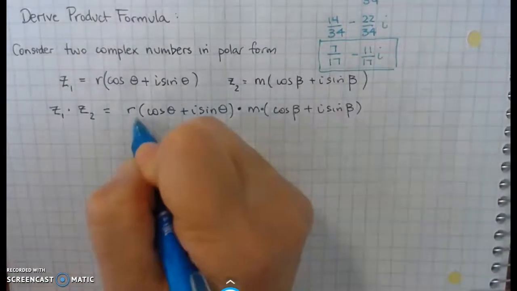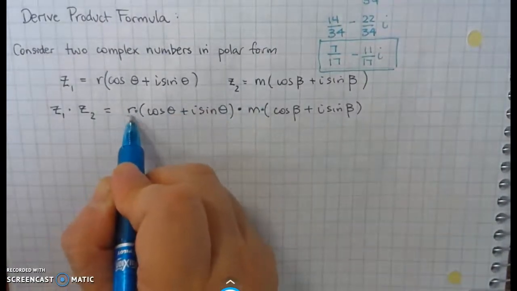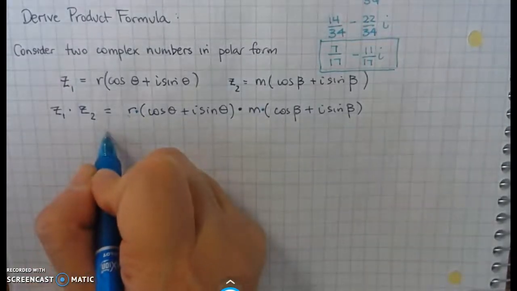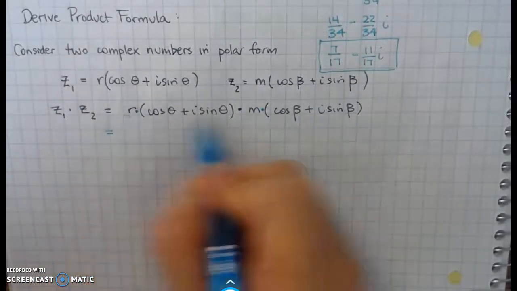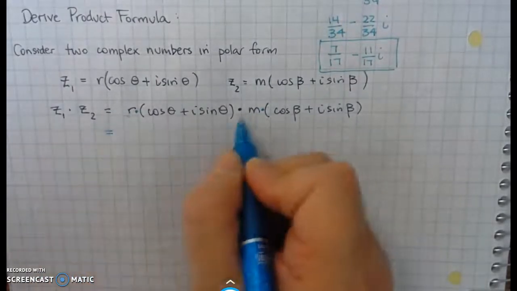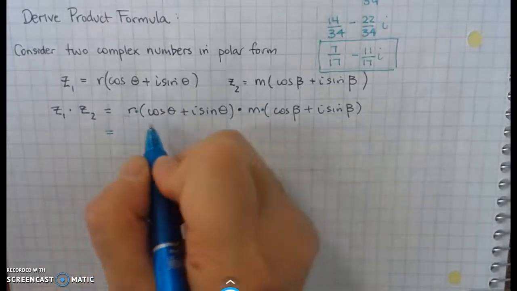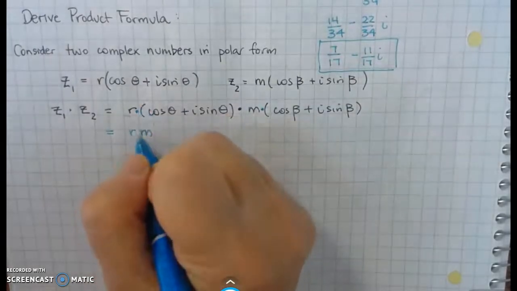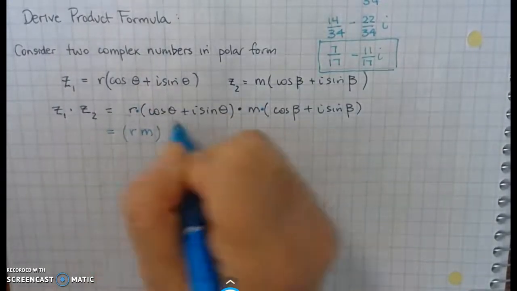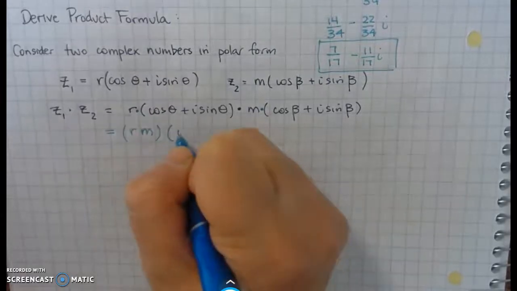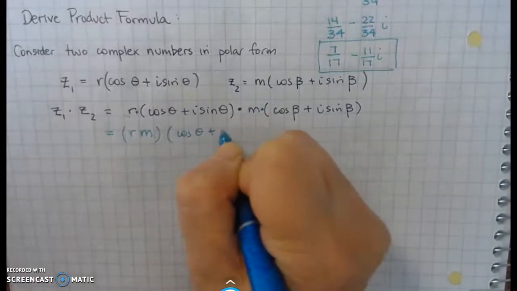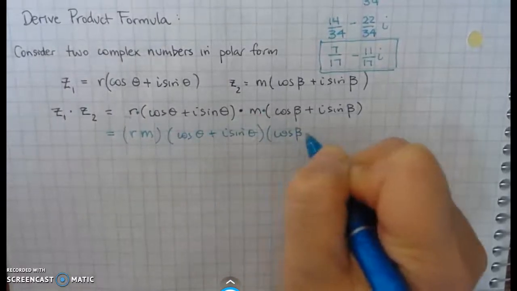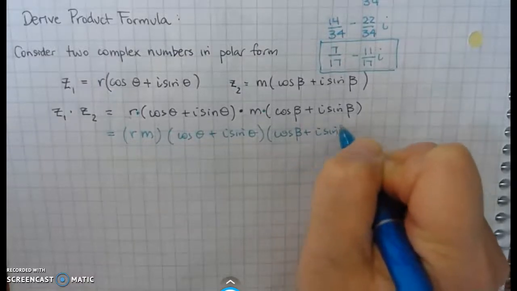So that means we are just multiplying 4 different entities: 1, 2, 3, 4. In that case, the order of multiplication does not matter. So I can rearrange this to multiply r with m first. That's rm. And then from there, I am going to be multiplying the first parenthesis, cosine of theta plus i sine of theta, multiplied by cosine of beta plus i sine of beta.